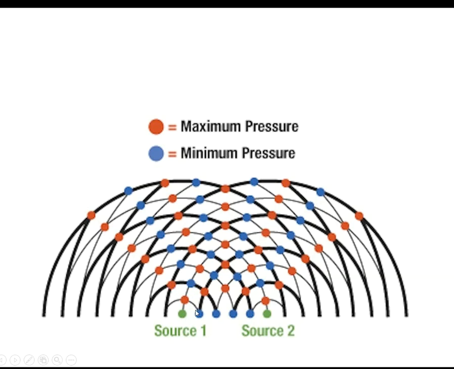So the condition here is that everywhere along the red dots lines here is going to be a loud place. Everywhere along the blue dots here is going to be a quiet place, where we have a peak from a high pressure place from source 1 meeting a low pressure place from source 2. You're going to get a destructive interference. So that means that anybody standing along this line here is going to hear it as soft.